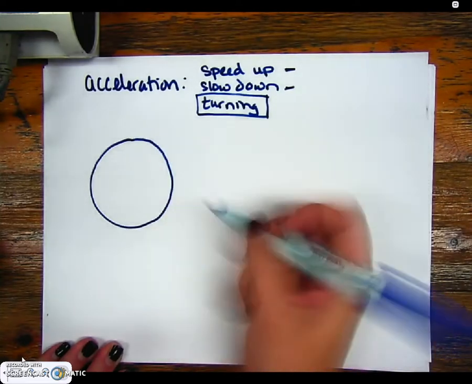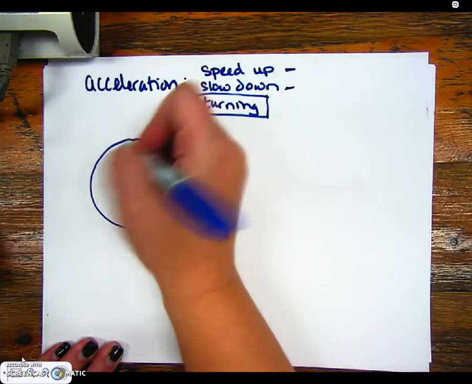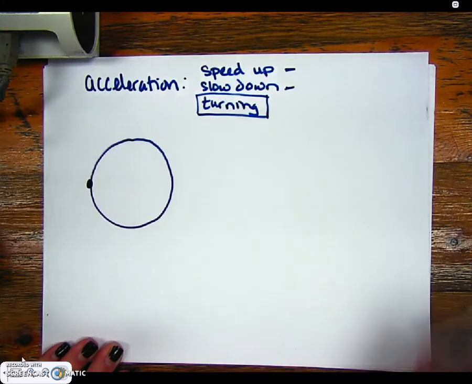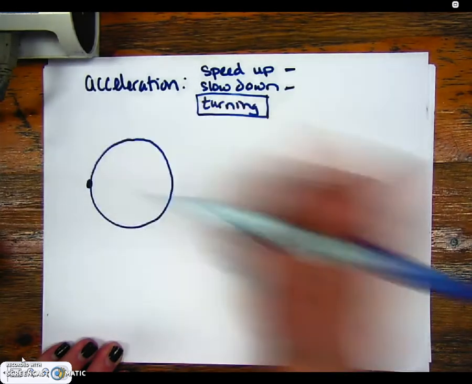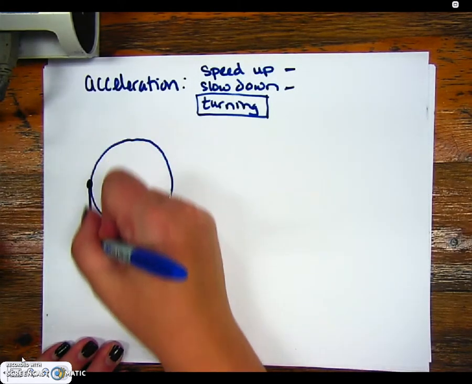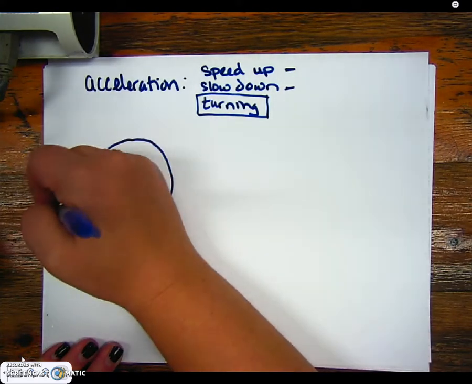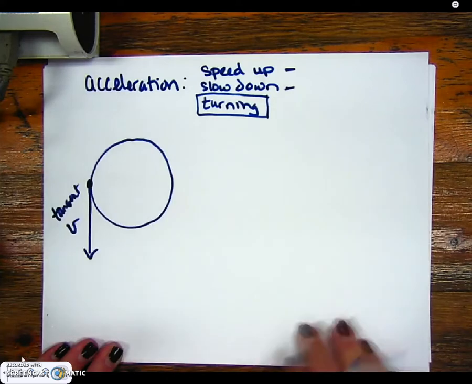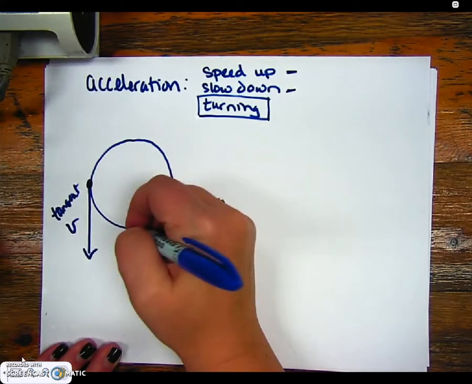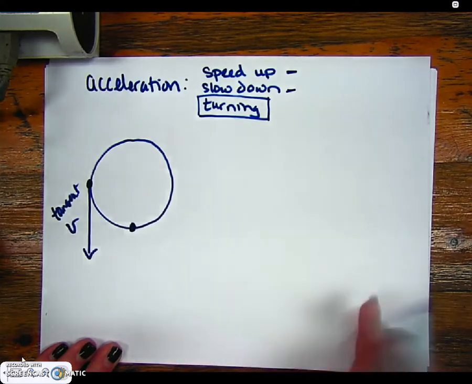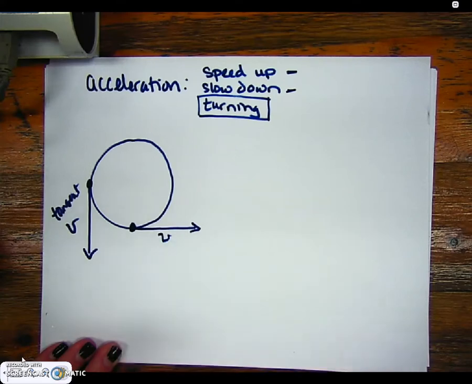But if you have an object that's going around in a circle like this, at this point, the velocity at that instant, if we were to freeze it, is tangent to the circle and pointing down. If the object continues to move along, then we would have another velocity over here, which would also be tangent to the circle and would be pointing in this direction.